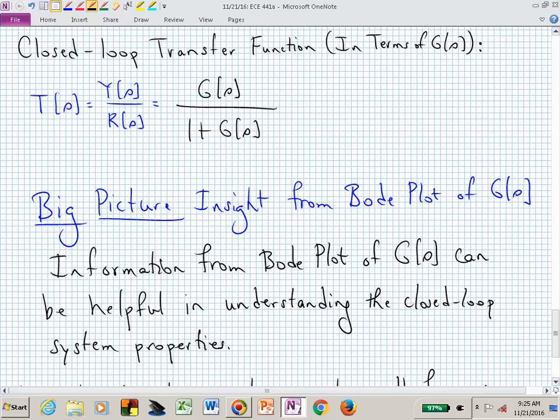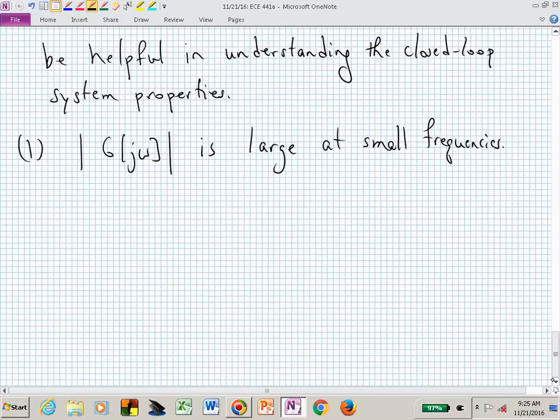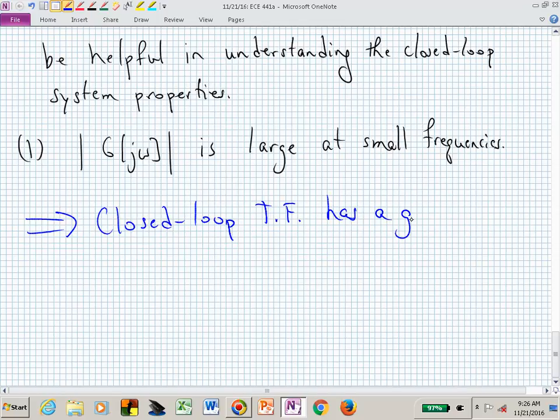The output's going to look very much like the input in terms of value because it's getting scaled by 1, G over 1 plus G. If we have G of j omega large at small frequencies, that tells us that the closed loop transfer function has a gain near 1 at those frequencies.